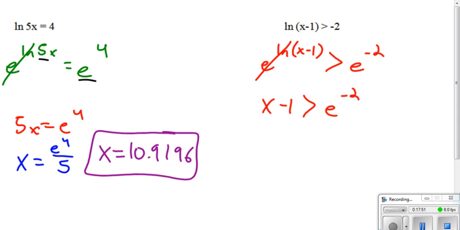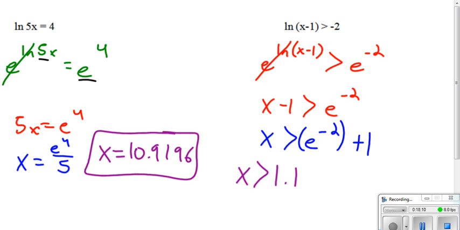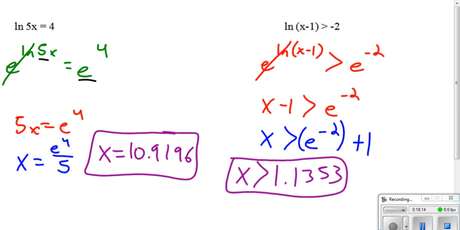Add 1 to both sides, and we would get x is greater than e to the negative 2 plus 1. So from our calculator, this would say that x is greater than 1.1353. So again, those are some more properties of logarithms, specifically e, the natural log.